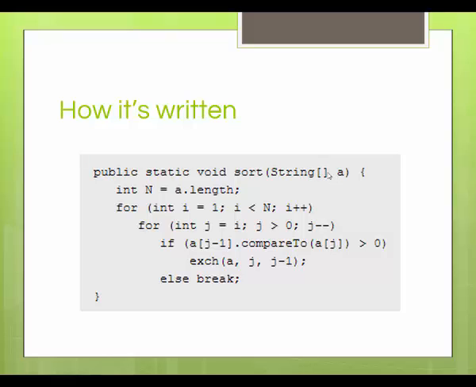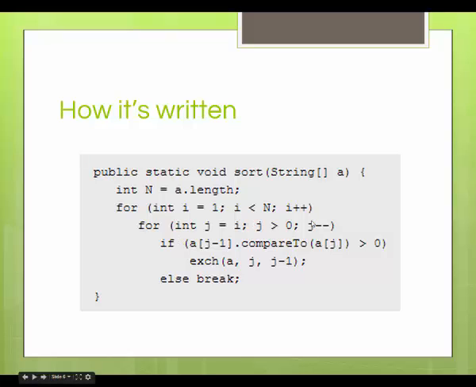So say you have a list of strings and you have a for loop that runs from 1 or 0 to the end and increments, which basically just goes through the whole list.